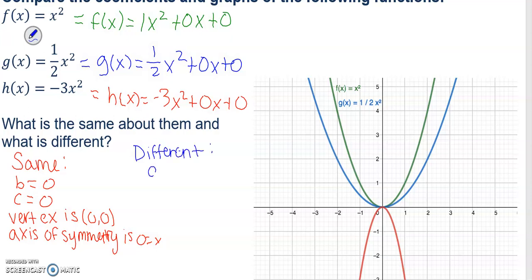What is different about these graphs is our a values and the widths of the parabolas.